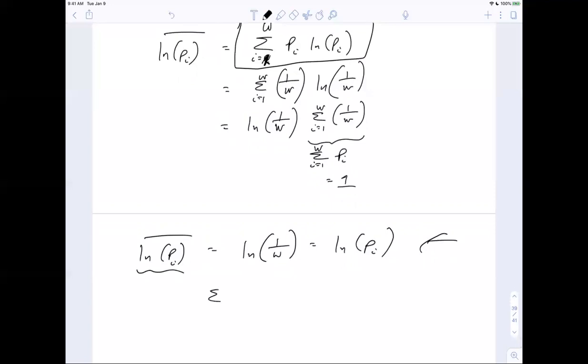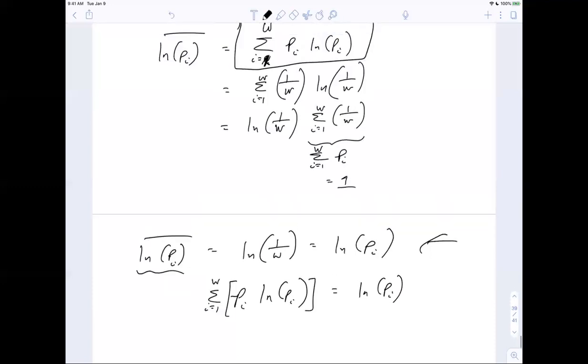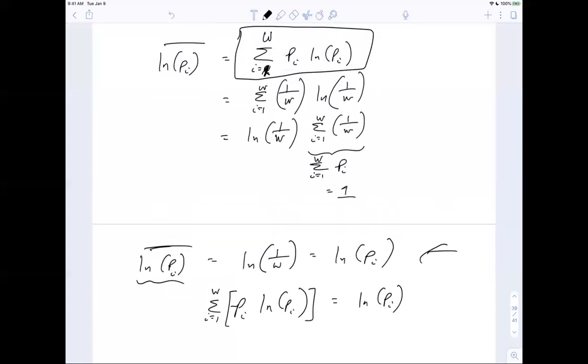So we can write this as the sum from I equals 1 to W of P sub I natural log P sub I, and that's equal to natural log P sub I. Everyone okay with the way I wrote it? Because all I did was say the average value, this guy, is equal to this thing in the box, and that thing in the box is just equal to log of P sub I.